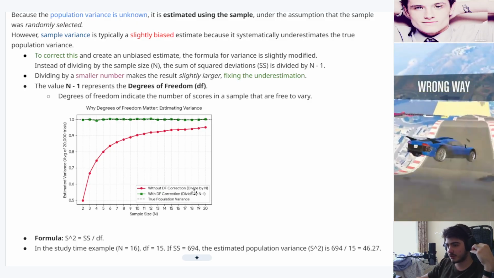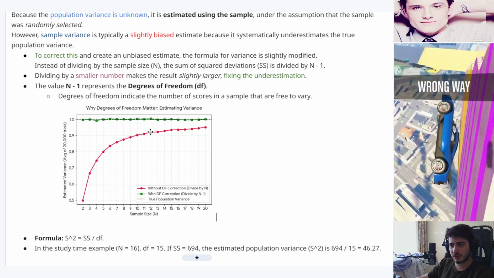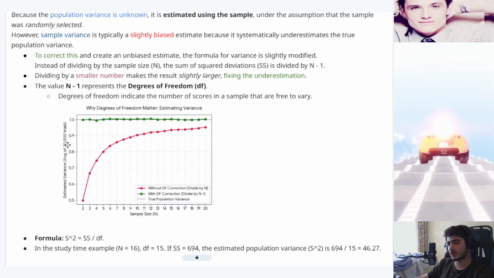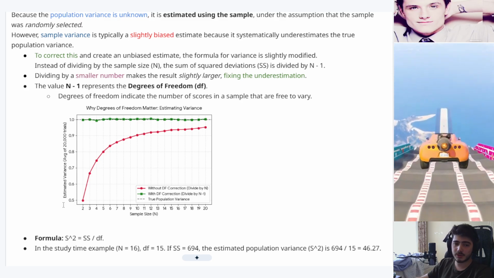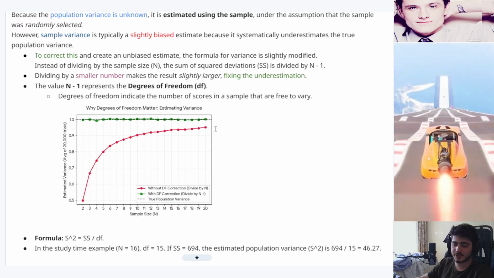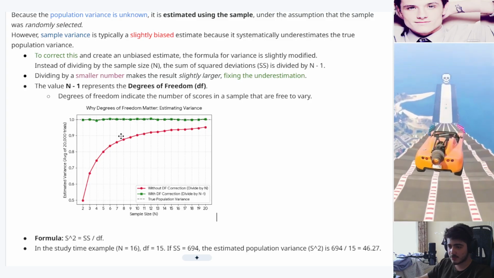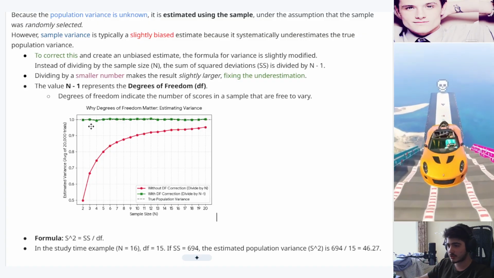So without the degree of freedom correction, as you can see, we're kind of approaching it, but not really approaching it. Now, just note that this is an average of all of the operations. It's usually not this consistent, of course. But if you repeat the test 20,000 times and take the average, you're going to just get to the population parameters.